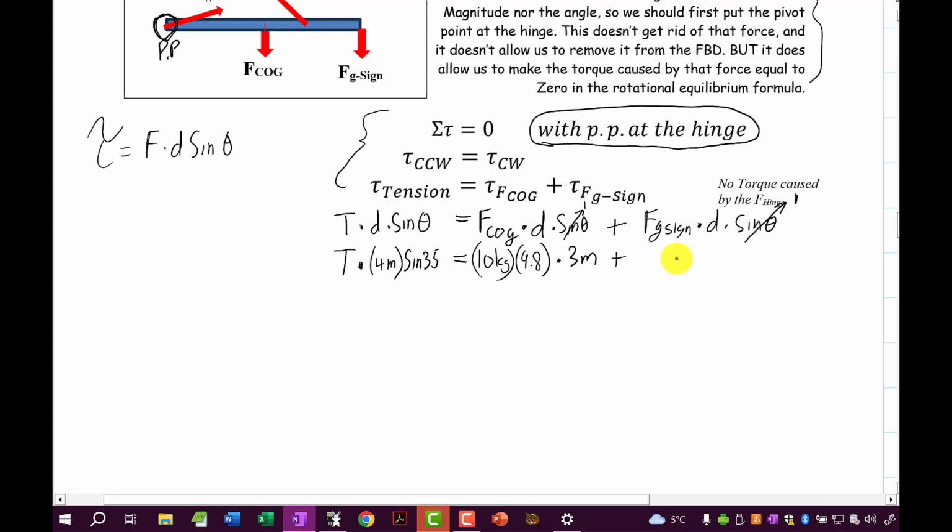Plus the force of gravity of the sign, it's 25 kilograms times 9.8, and it's all the way to the end of that beam, so that's 6 meters.